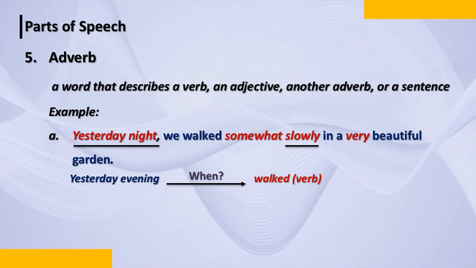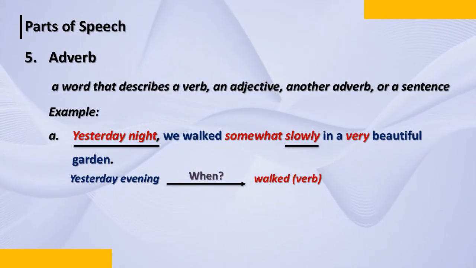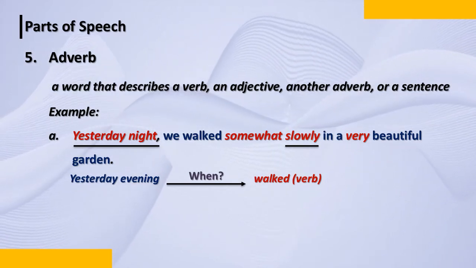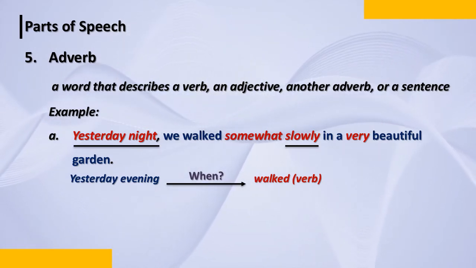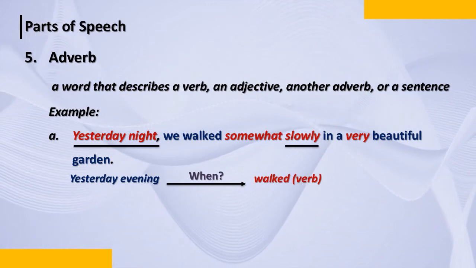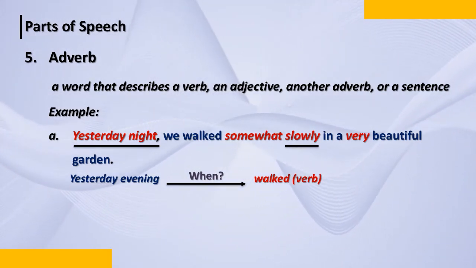Second one, slowly. Now, how did we walk? It's describing. Like, I can walk a brisk walk. Brisk means a fast walk. I walk very fast. Or it can be a medium, not very slow and not very fast.